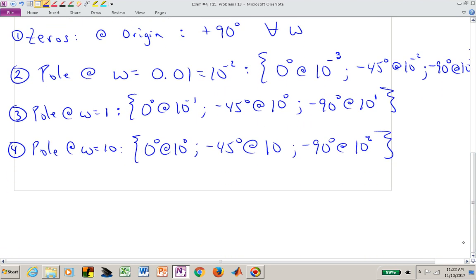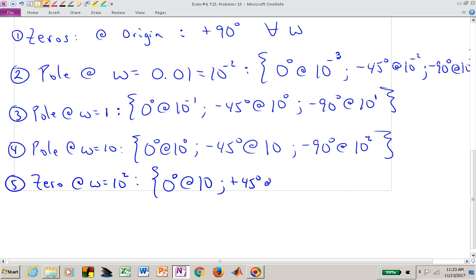And my last piece, component number 5, is due to the 0 at 100. And that now is going to be 0 degrees at a decade before that, or at 10. It's a 0, so it's going up in slope. It will be at plus 45 degrees at the break, which is 100, and it'll be at plus 90 degrees at a decade beyond that, which is at 1,000.